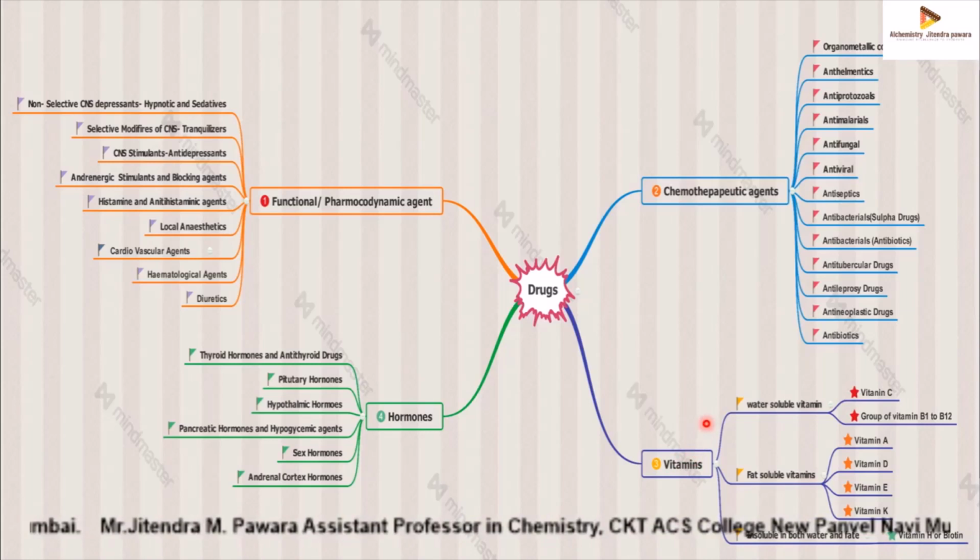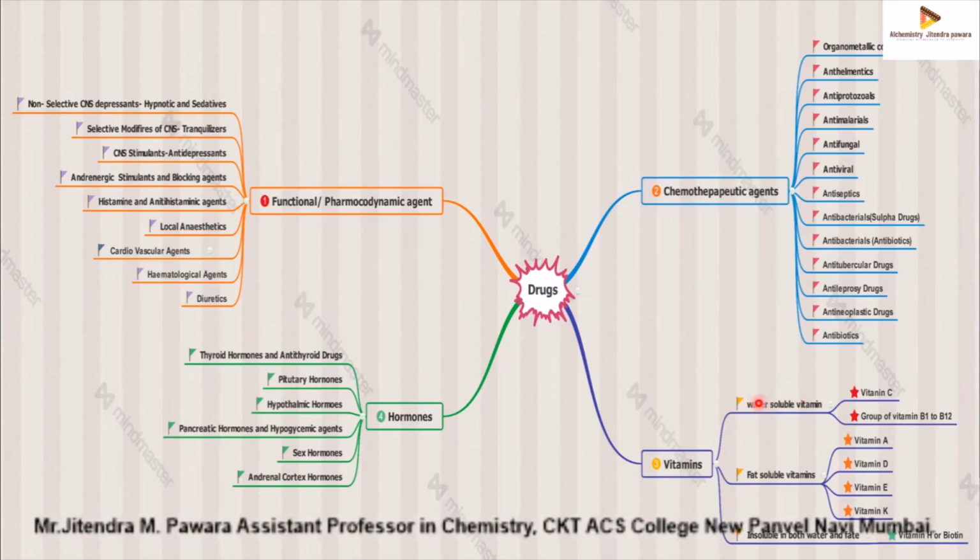Further, they are of different types depending on their solubility. The first type is water soluble vitamins: vitamin C and the group of vitamin B from B1 to B12. These are the water soluble vitamins.